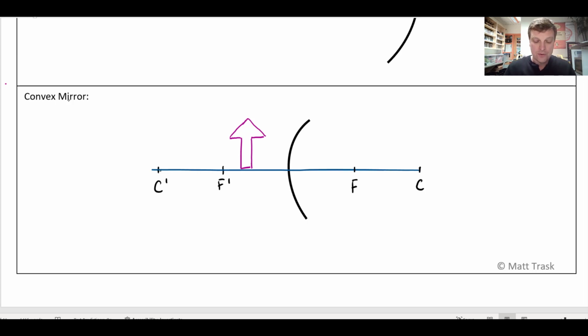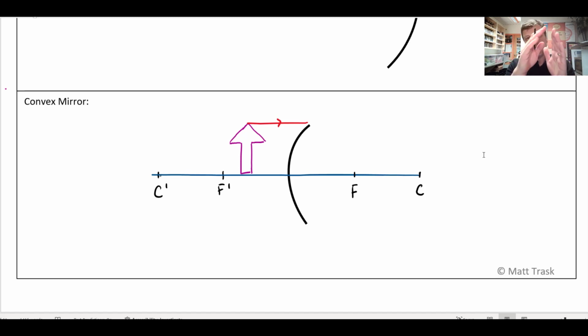So the first thing I'm going to do is draw a ray parallel to the principal axis from the top of the object, which kind of goes like this and then strikes the mirror like that. Now just recognize what's going to happen with this ray. Because it's a convex mirror, because it's a diverging mirror, this ray is going to bounce kind of up. But where up is it going to bounce? So I'm going to take my ruler and line it up with the focal point that's behind the mirror.